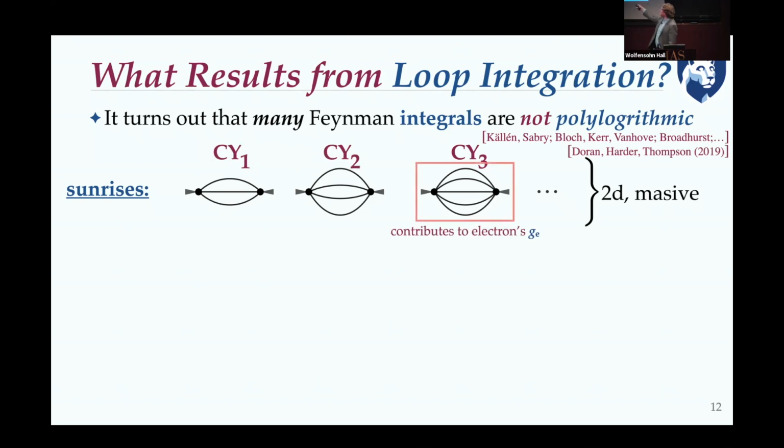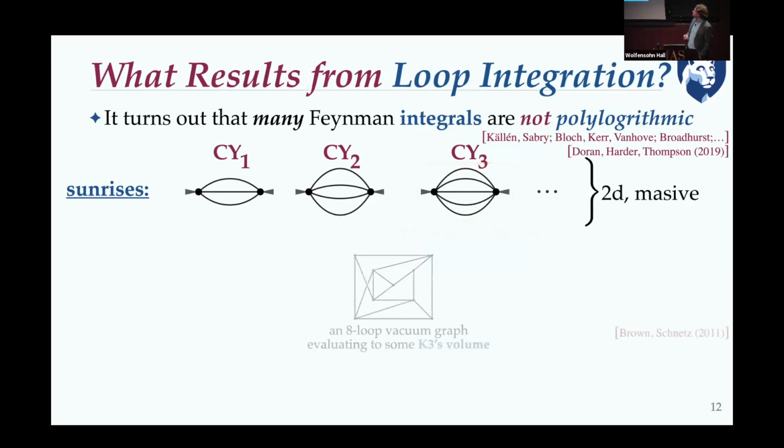And this Calabi-Yau 3-fold is exactly what contributes to the gyromagnetic ratio at 4 loops, and this is why it doesn't have a name, because it's the volume of some particular Calabi-Yau at a very special point. It's a singular point in kinematic space. We can easily calculate it, but we don't have a name for it.